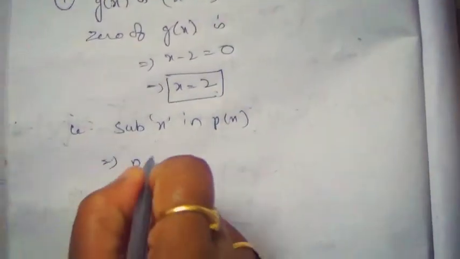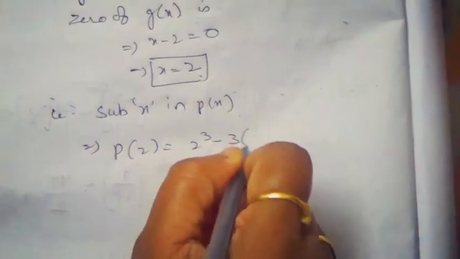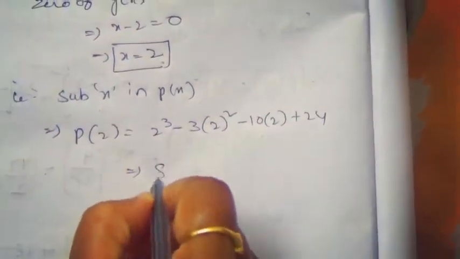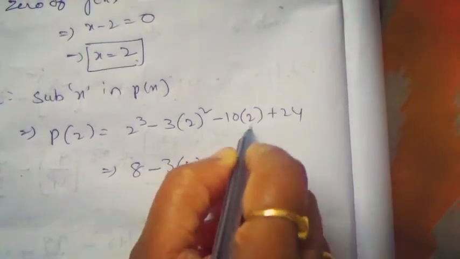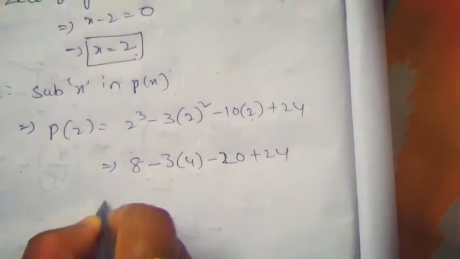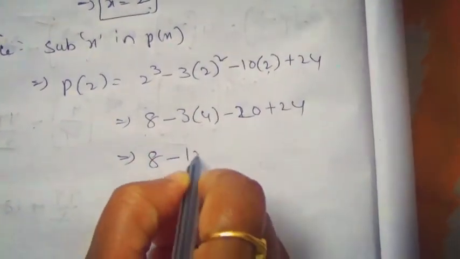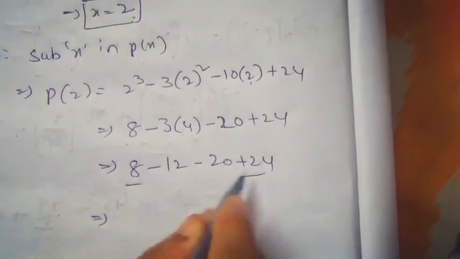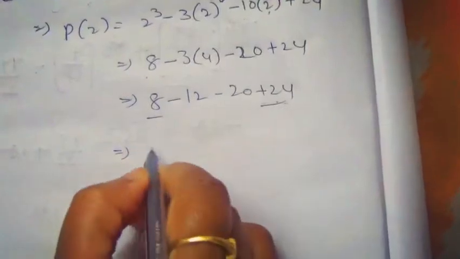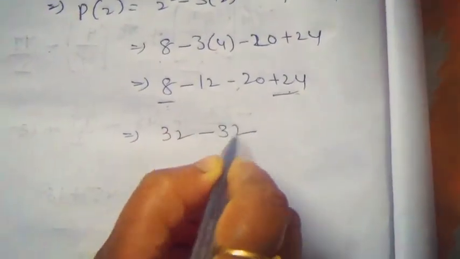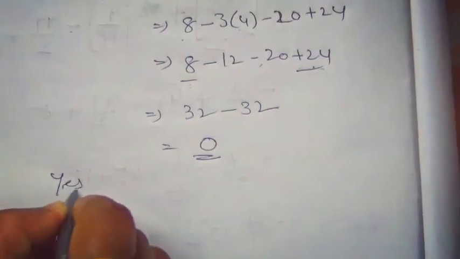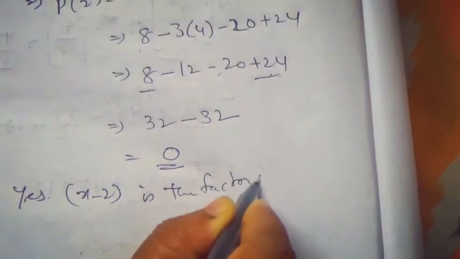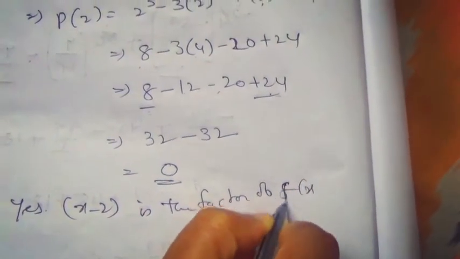That implies p of 2 is equal to 2 cube minus 3 of 2 square minus 10 of 2 plus 24. That implies 2 cube means 8 minus 3 of 4 minus 20 plus 24, that implies 8 minus 12 minus 20 plus 24. These two are positive numbers, so 24 plus 8 is 32. These two are negative numbers, minus 32, that is equal to 0. Yes, x minus 2 is a factor of p of x.